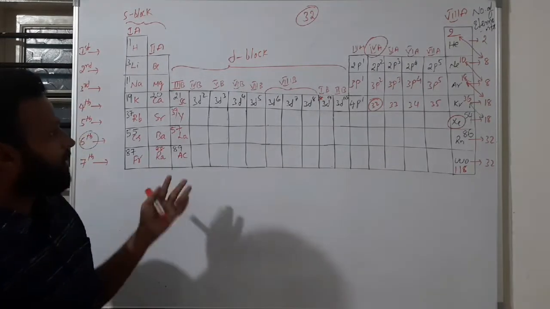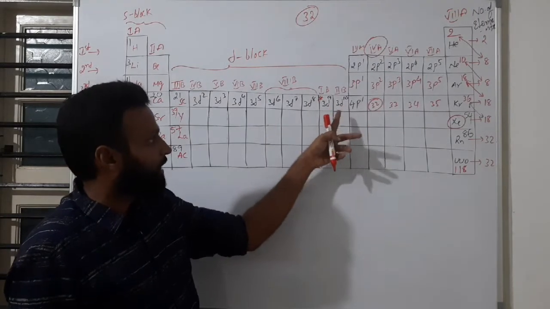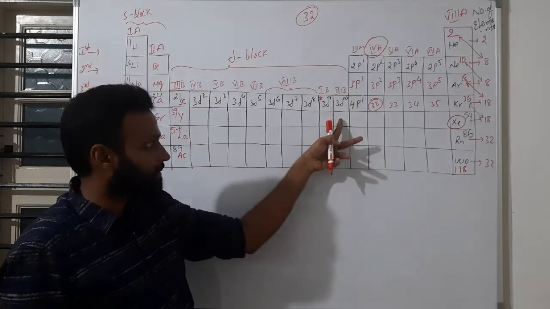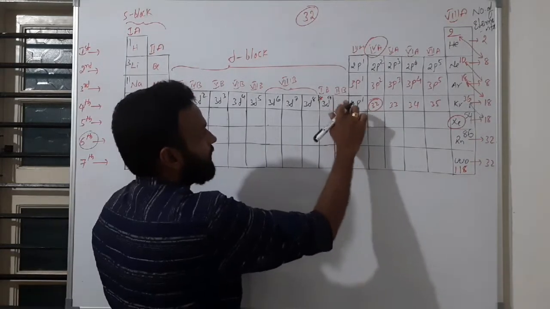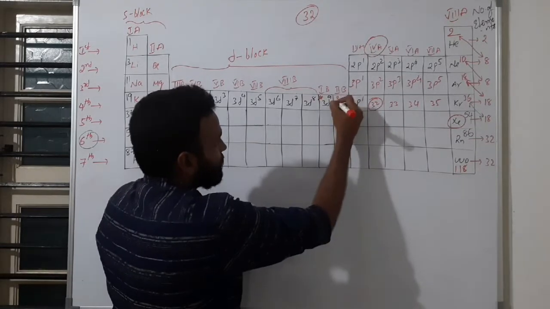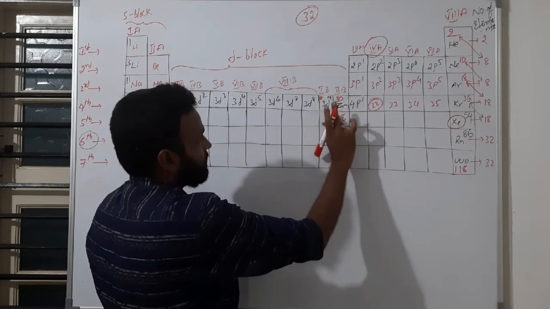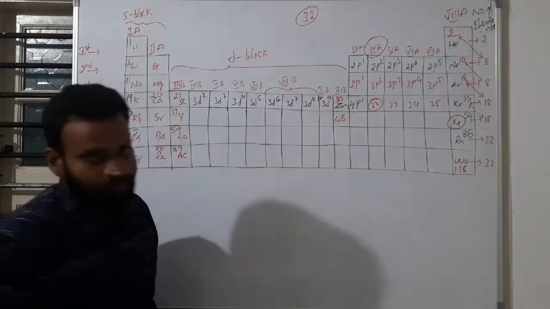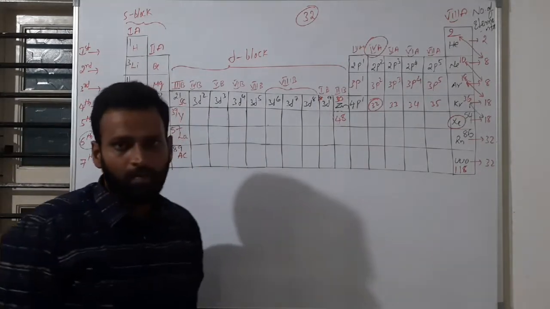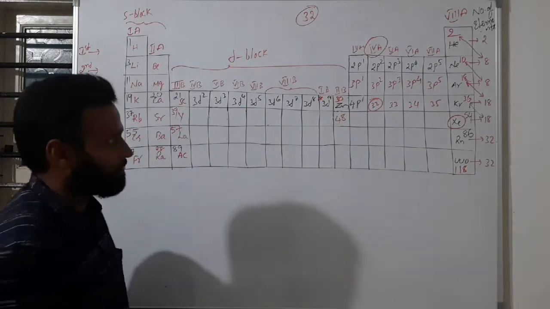In that way I can conclude everywhere. Here also, zinc here 30, and the next element, what is the atomic number? 30 plus. Here zinc, what do you have? Zinc atomic number how much? 30. 30 plus 18, 48 is the atomic number here. How are you saying, sir? Very simple. In the 4th period I have like that. In this way if I am coming, in this same period I have to consider.